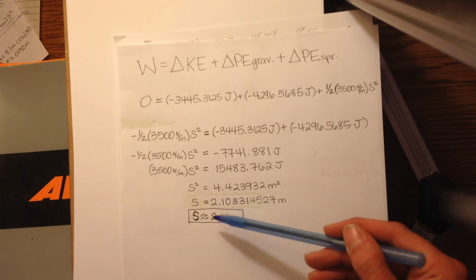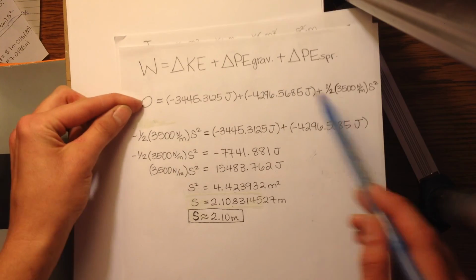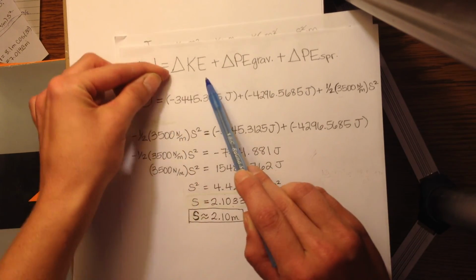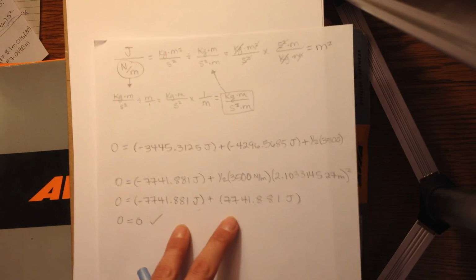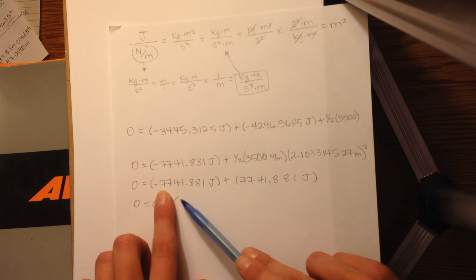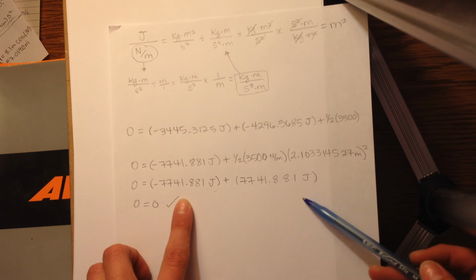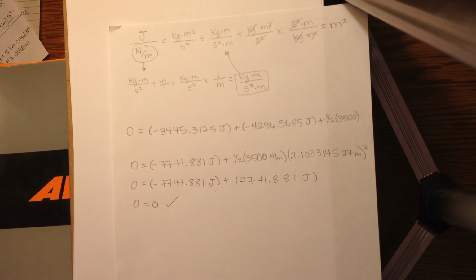And we can always take this value if we want to see if we did it right and put it back into this equation. W equals this plus this plus this, and upon doing so, I discovered that we were right, and that it's approximately only 0.102 meters off, and that is due to differences in rounding.